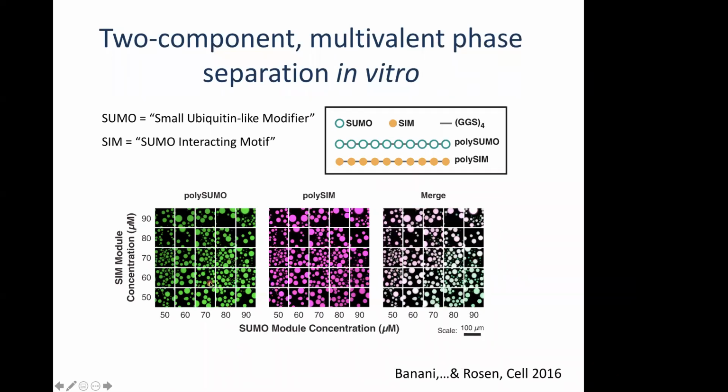Now I'm only showing you regions in concentration space right now where they all phase separate. The colors just tell you how much of the polySUMOs there are, how much of the polySIMs. When there's more overall polySUMOs, the droplets are rich in polySUMOs, fewer polySIMs, and vice versa. But if you go down to lower concentrations, you'll see that this has got a phase diagram where if you don't have enough of the polymers, they won't phase separate.